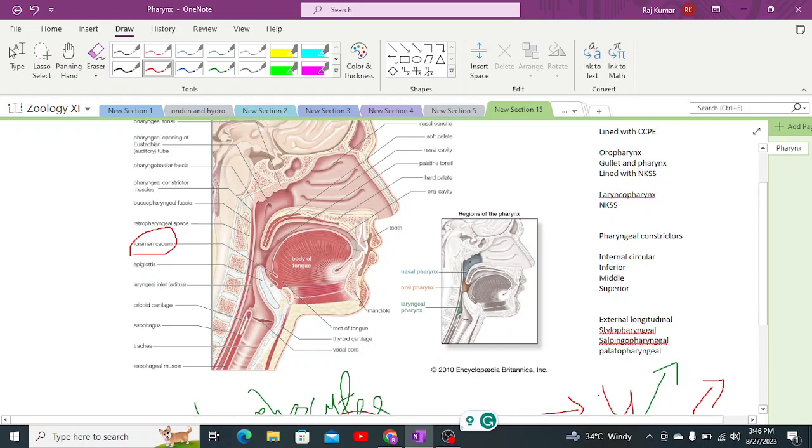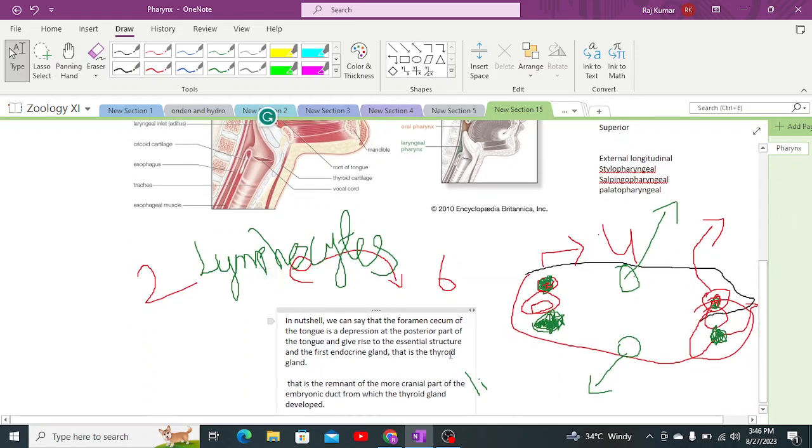The foramen cecum is present over this side, and it is basically the posterior ending part of the tongue, a kind of depression there. It relates to the thyroid gland, because during the embryonic stage it is the remnant of the cranial part of the embryonic duct from which the thyroid gland is developed, near the foramen cecum.